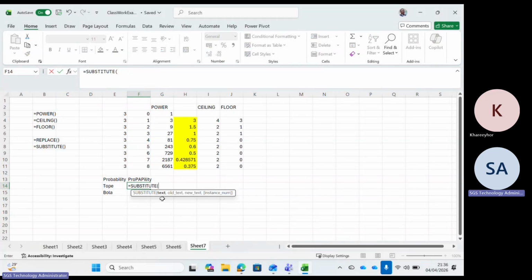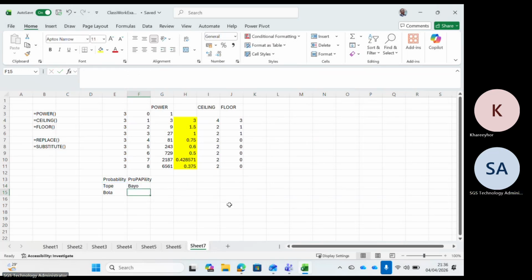See what you have: the text, the old text, and what text can you replace it with. The new text will now be bio. Let's see what we have. So I've changed Topper to bio.